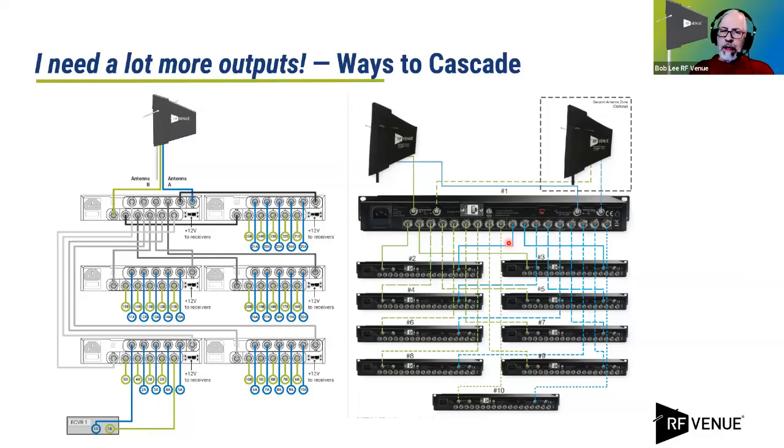You don't want to necessarily go from a secondary distro into yet another distro. That would be cascading 2 levels. Sometimes you have to do that, but you should try to arrange your distro system so that you can get everything done with just one level of cascading. Richard, do you want to add anything?